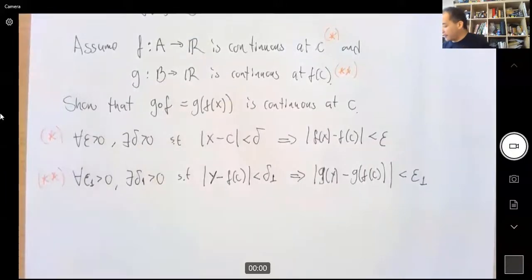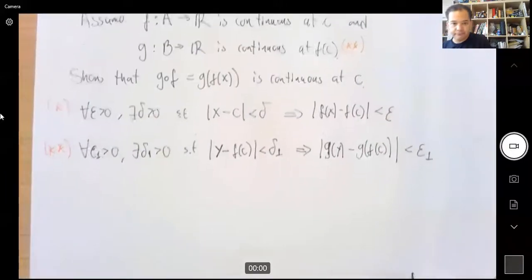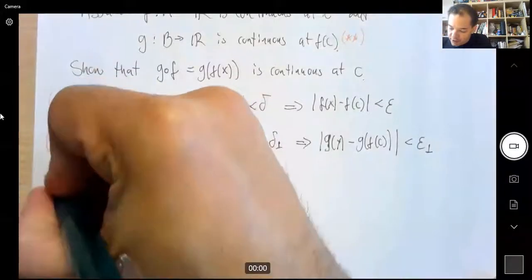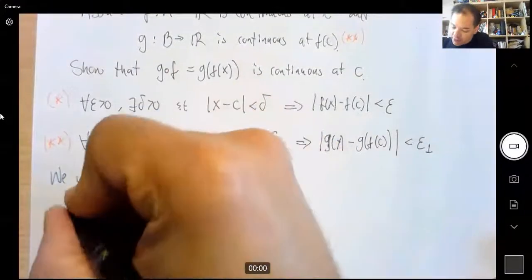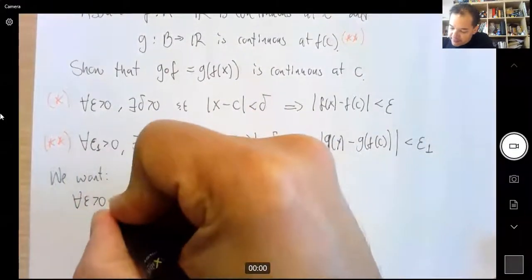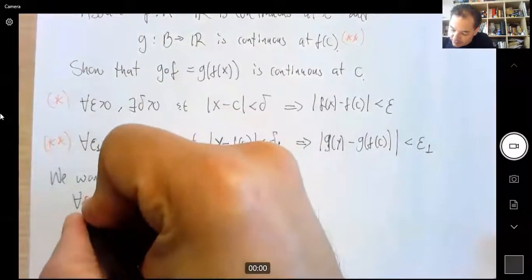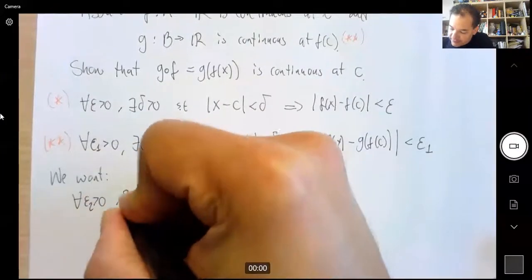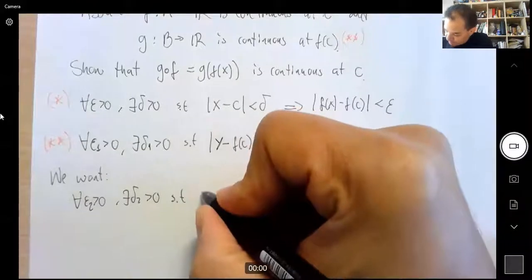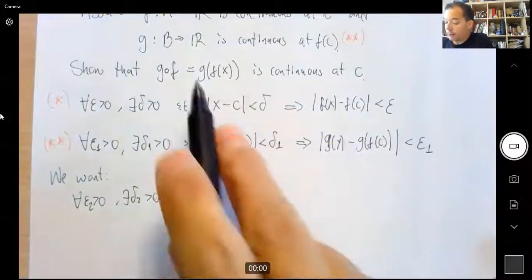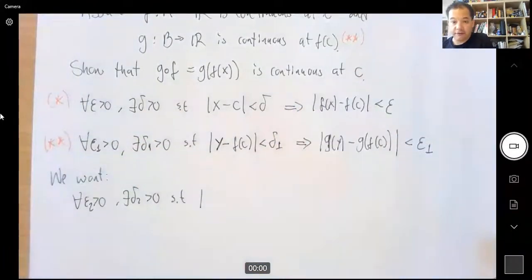And now let's write down what we want. What is it that we want? We want for every epsilon 2, there is some delta 2, such that we want the composition to be continuous at c.